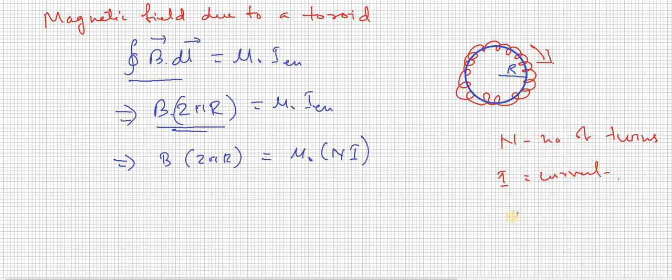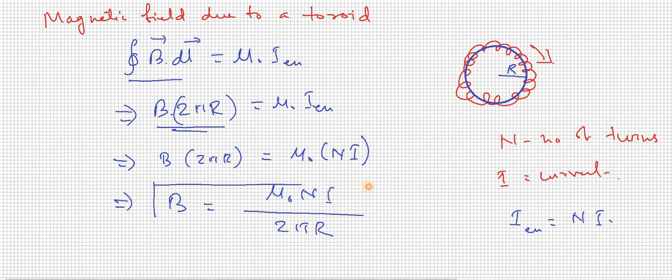That is, I enclosed is equal to N times I. So B can be written as mu naught times the total number of turns, times the current flowing through each turn, divided by 2 pi r. This is the expression of the magnetic field for a toroid. Thank you everyone, thank you for listening.